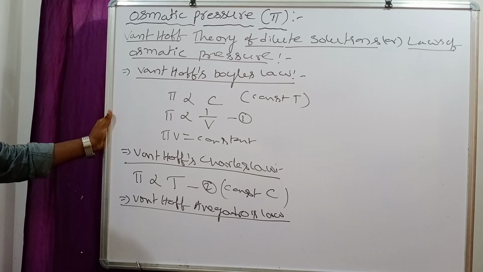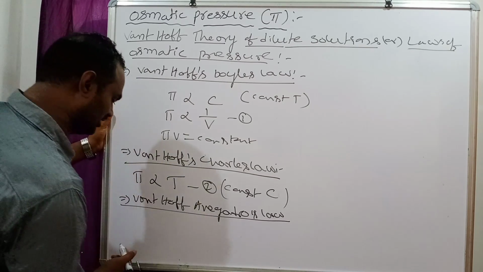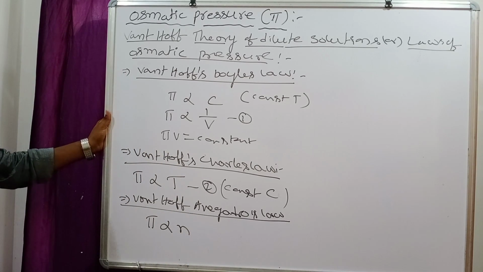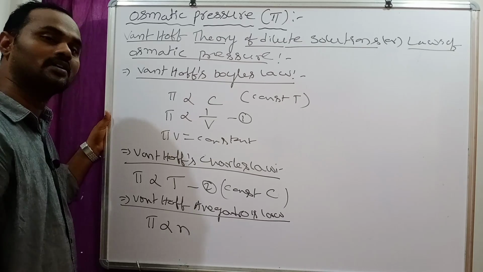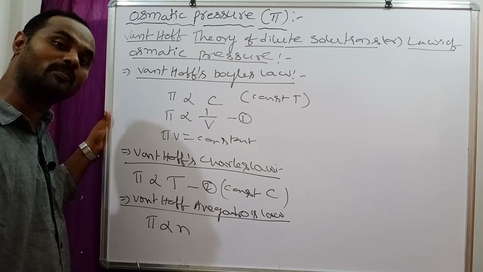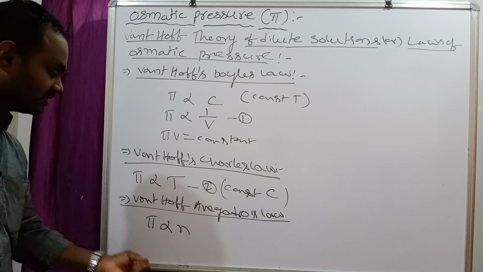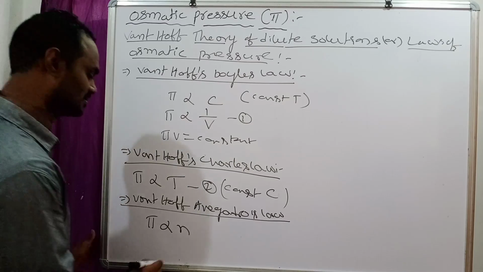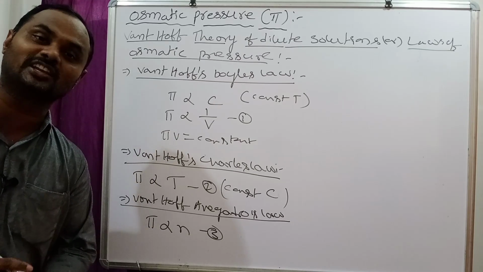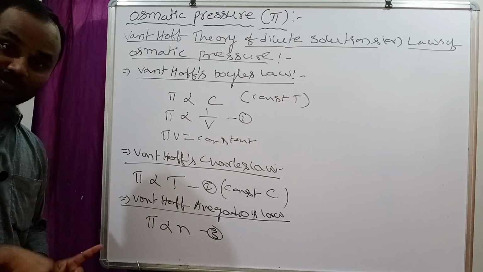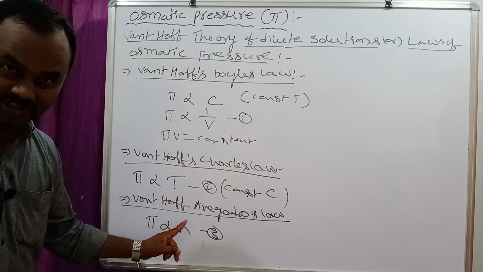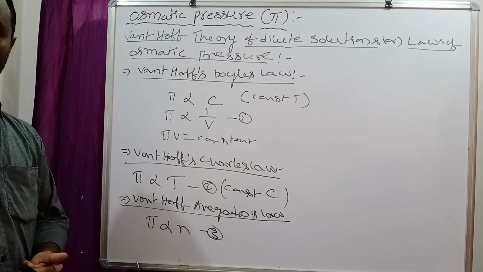Instead of volume, we are taking osmotic pressure, so osmotic pressure is directly proportional to N. Means under similar conditions of temperature and osmotic pressure, equal volumes of solutions contain an equal number of molecules. If the number of molecules increases, osmotic pressure increases. Therefore osmotic pressure is directly proportional to the number of solute particles. We already know osmotic pressure depends on the number of solute particles irrespective of nature, so osmotic pressure is a colligative property.